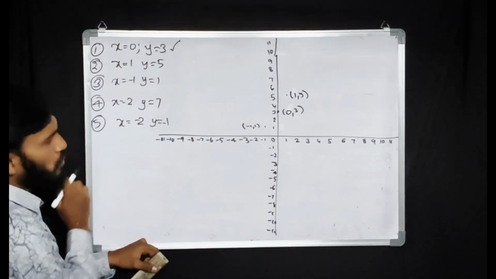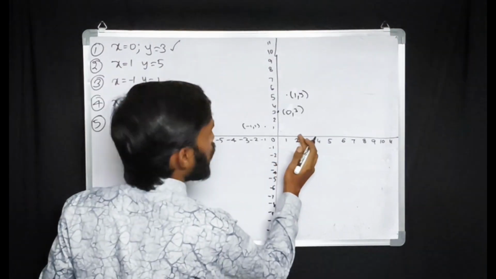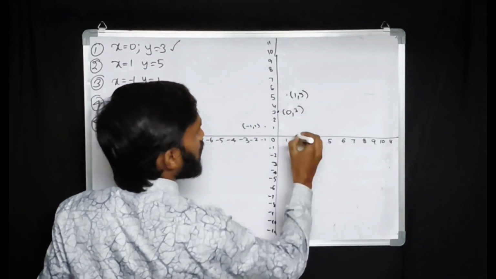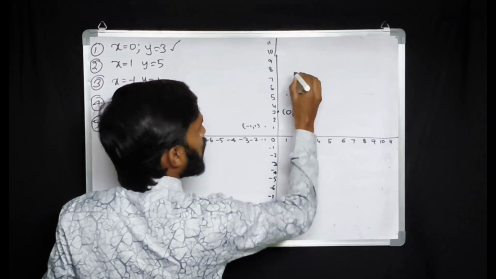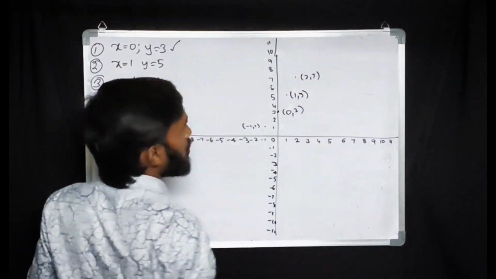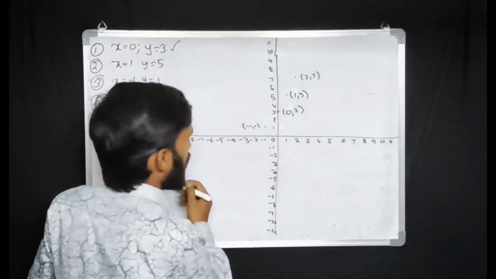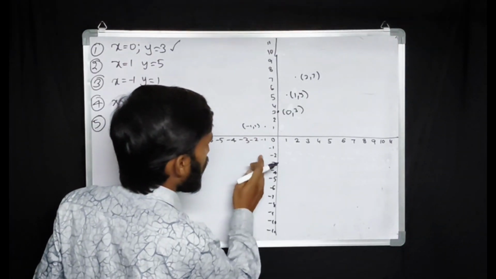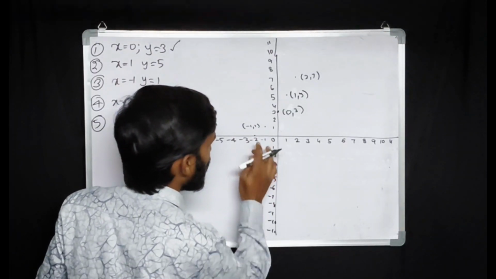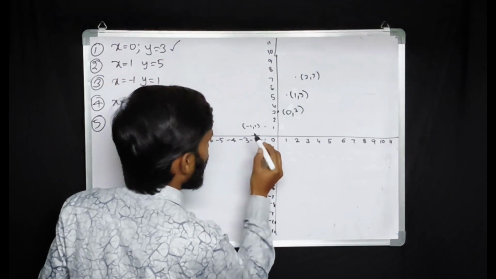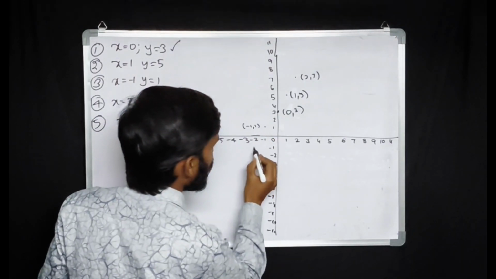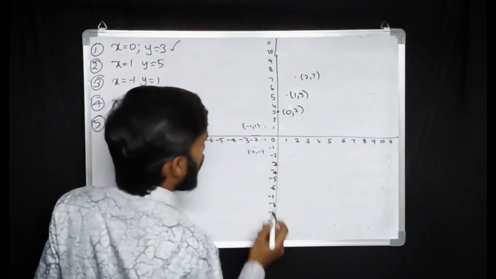Next, (2, 7) is here. Next, minus 2, minus 1, is here.